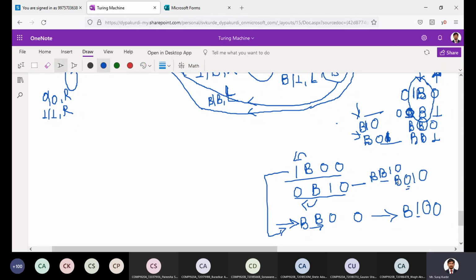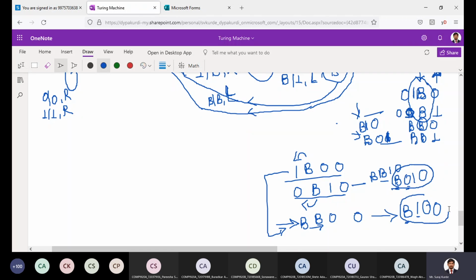Go to the left of B, right? To the left of B, what does it read? Is there any symbol to the left of capital B in both cases?